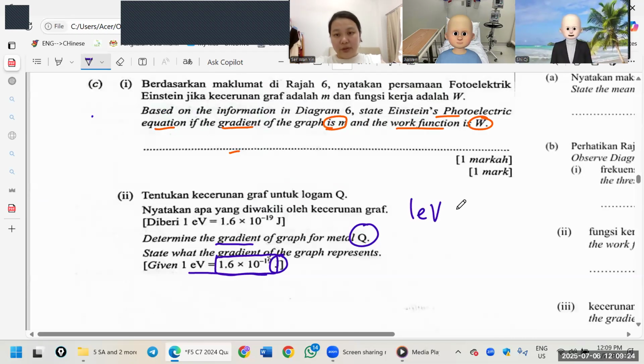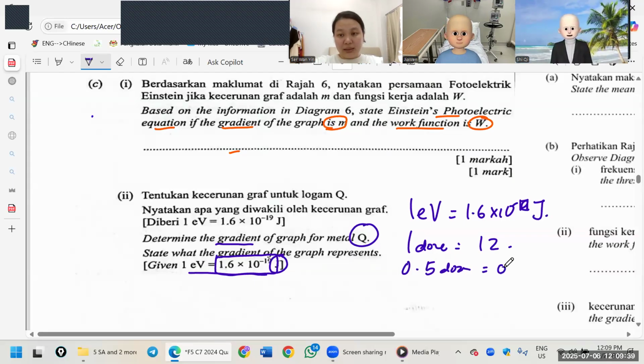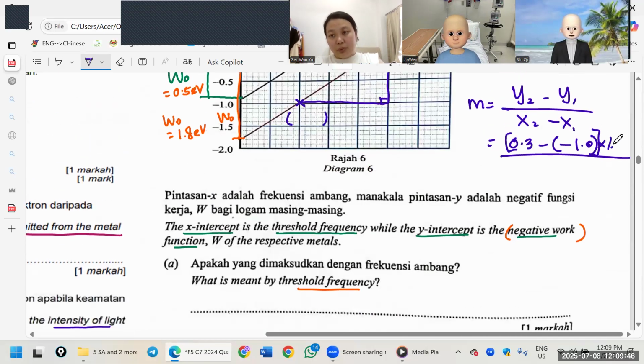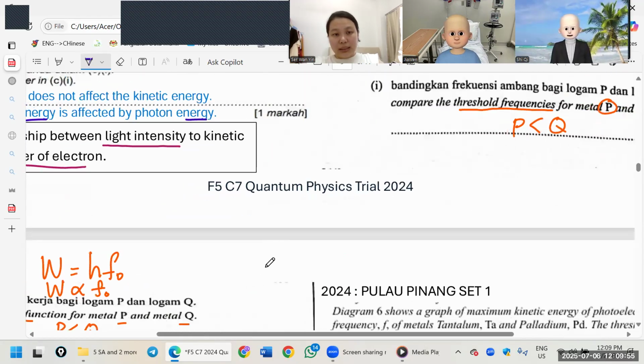So 1 eV equals this many joules, like 1 dozen of pens equals 12. So if 0.5 dozen of pens is 0.5 times 12, the answer is 6. So you just multiply by 1.6 times 10 to the power of negative 19, then divide by x in hertz. Okay, so you will get the answer.